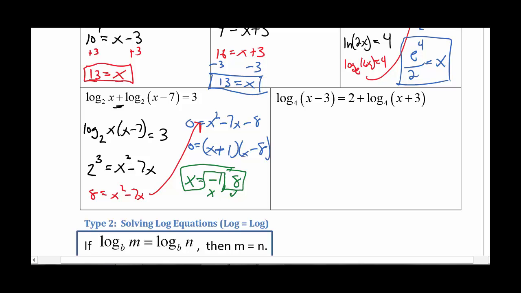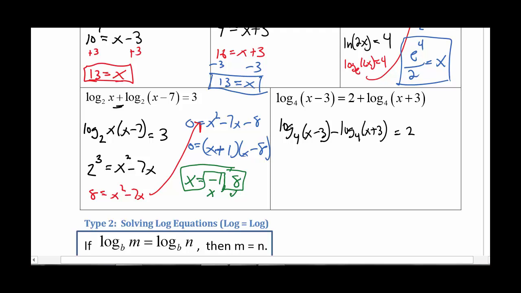Okay. Next example, we have logs on both sides, but I can move the log over. So that'll give me log base 4 of x minus 3 minus log base 4 of x plus 3, all of which equals 2.